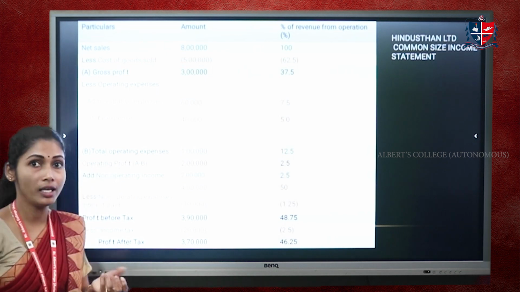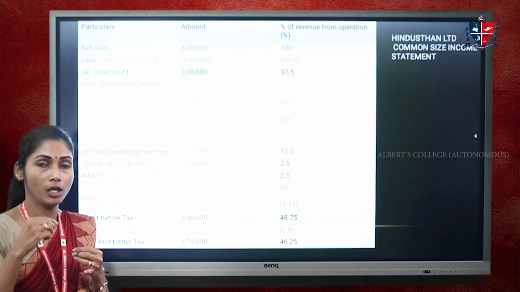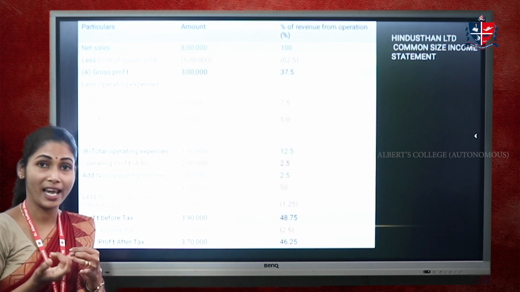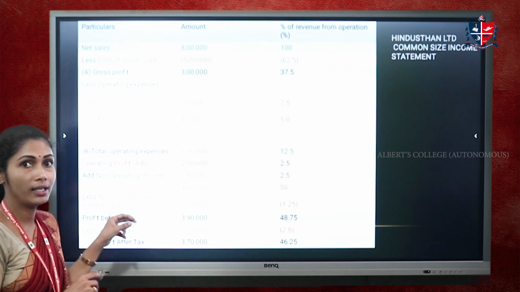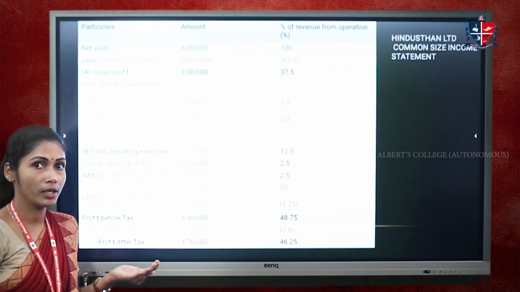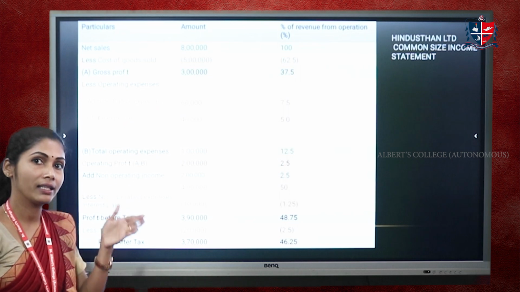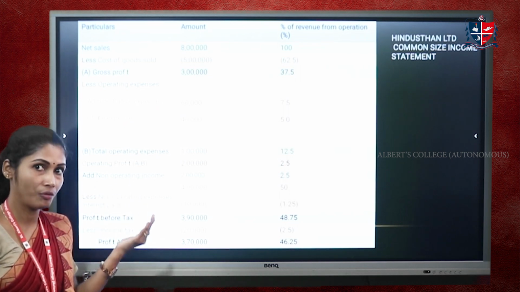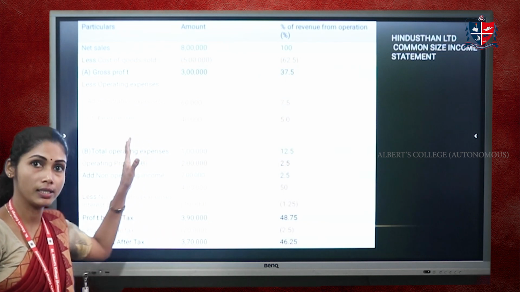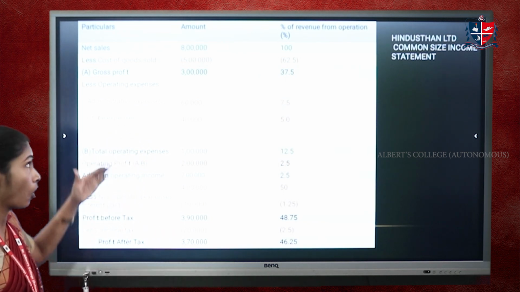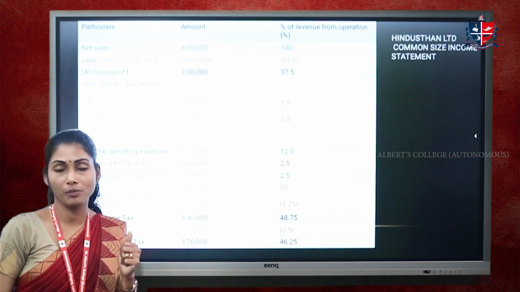If you have any non-operating income, just add it, and if you have any non-operating expenses like interest or dividend, just deduct them, then you will get the profit before tax amount. The tax amount is already given in this question, so deduct the tax amount from the profit, then you will get the profit after tax. Okay, this is the common format for preparing the common size income statement.